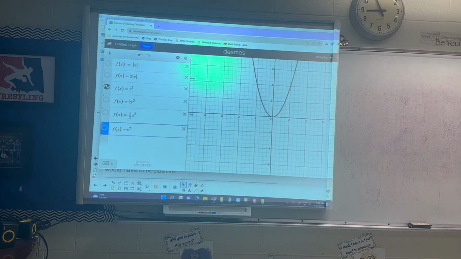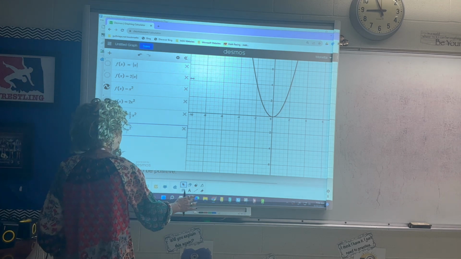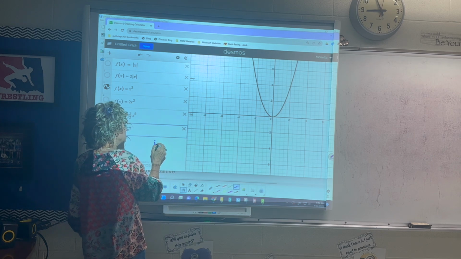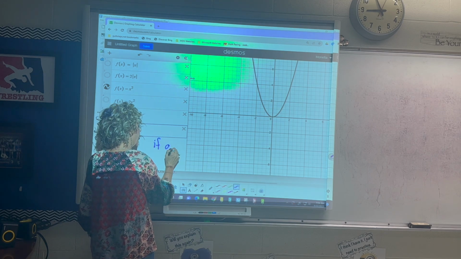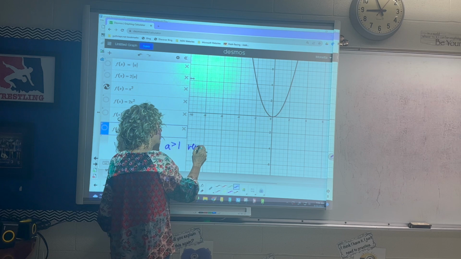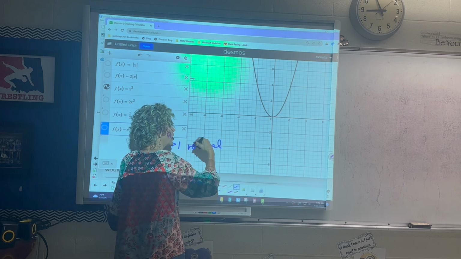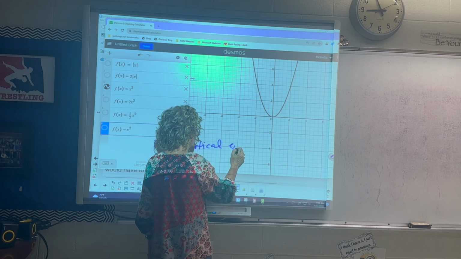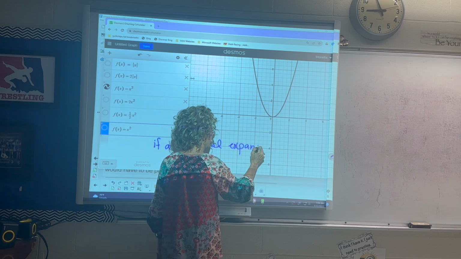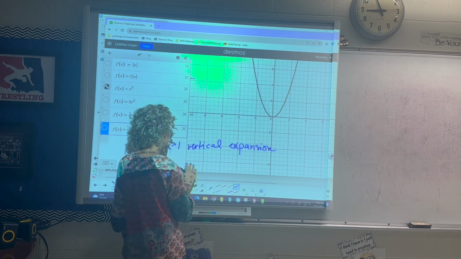And remember, I told you if we learn one of them, we learn them all. So we've already said that if A is greater than 1, we have a vertical expansion or stretch. We're using the words expansion and compression right now, but they go hand in hand, okay?